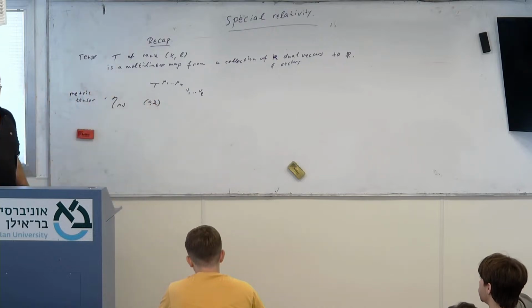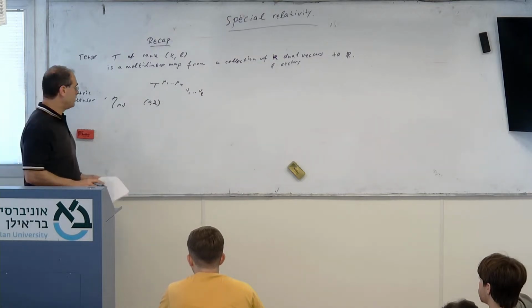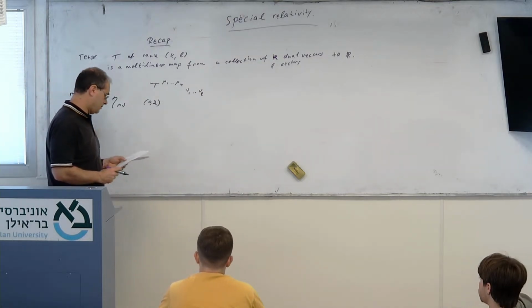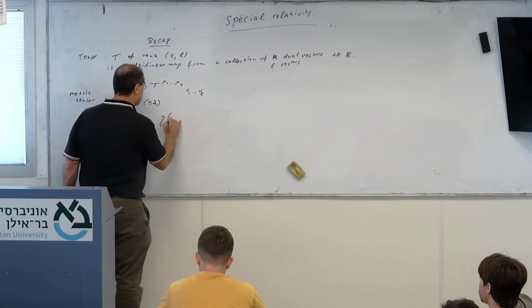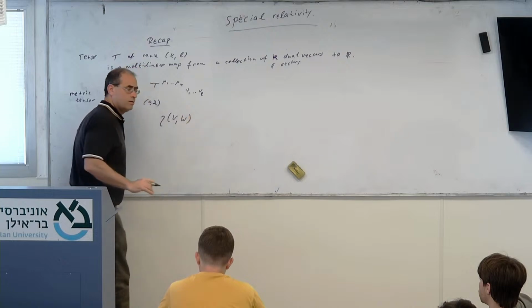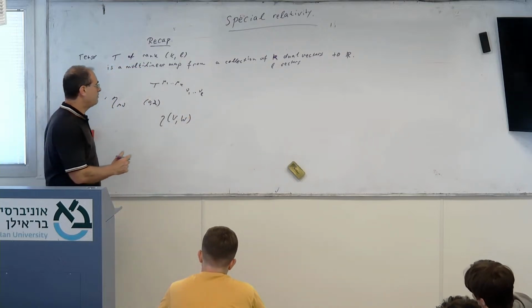It's very important. We use this tensor and the inverse tensor to raise and lower indices. Only these tensors. And when this tensor acts on two vectors, eta of v and w, we call that the inner product.